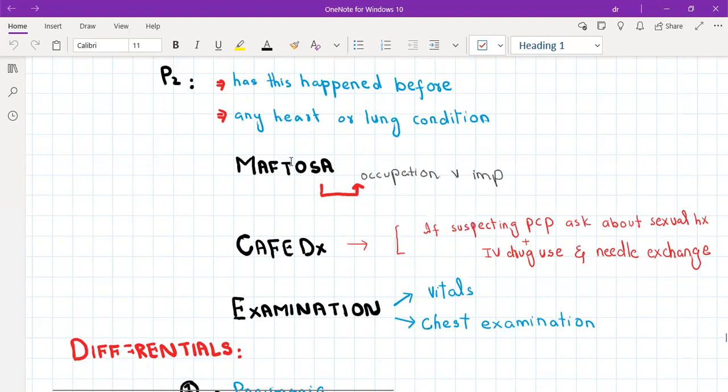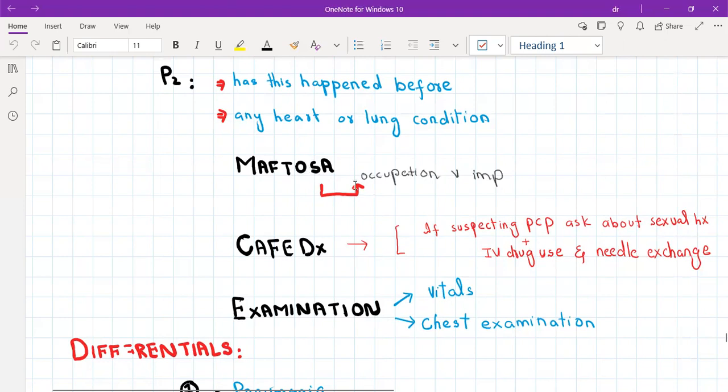Travel here is also important because if the patient has been traveling to areas where TB is endemic, like South Asia or some parts of Africa, then you should think about TB if the patient has recently traveled. Psychosocial history here is important. If it is a chronic cough, then you should ask how it is impacting your life.